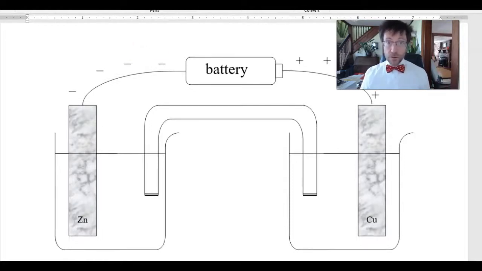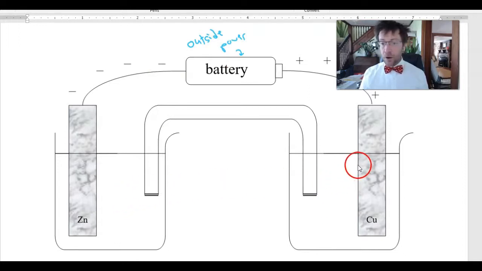So if you remember, electrolytic cell, first of all. Here's your outside power source right there. You understand what I'm saying? That's a battery. And what we had before with our voltaic cell is we had a whole bunch of zinc in here. We had a whole bunch of copper in here.